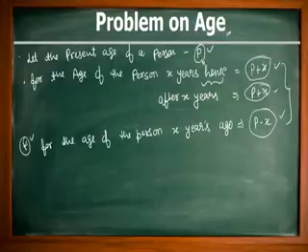Suppose the present age of a person is P, and the age of the person after X years will be P plus X, and X years hence will also be P plus X. And one more point, for the age of the person X years ago, it will be P minus X. Basically these are the basic concepts of ages.